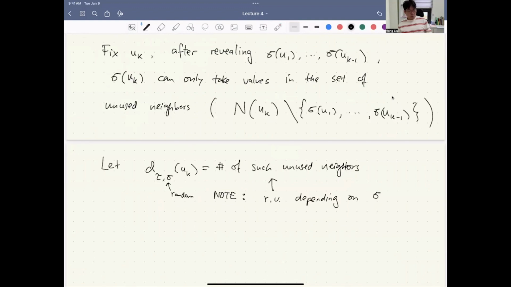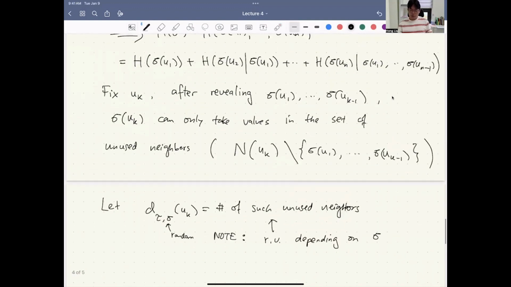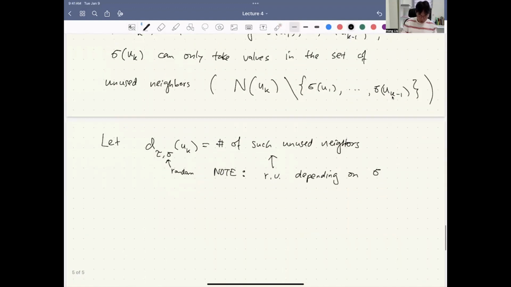So we can now bound this conditional entropy. How do we bound it? Let's write down this conditional entropy, sigma UK conditioning on sigma U1 to sigma UK minus 1. Let me use a shorter form.